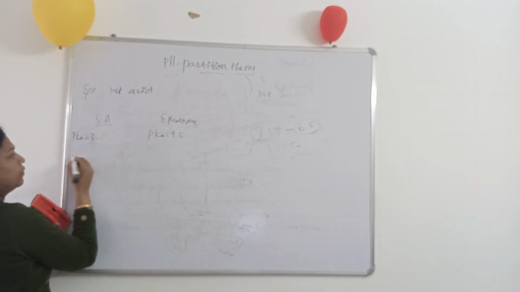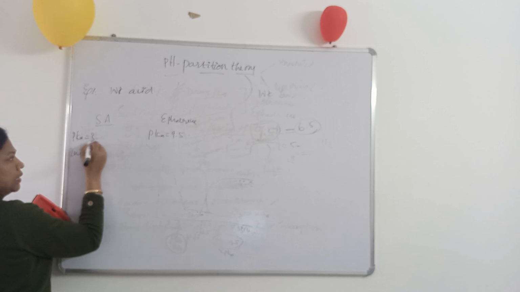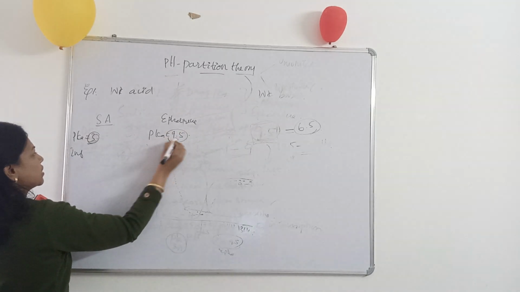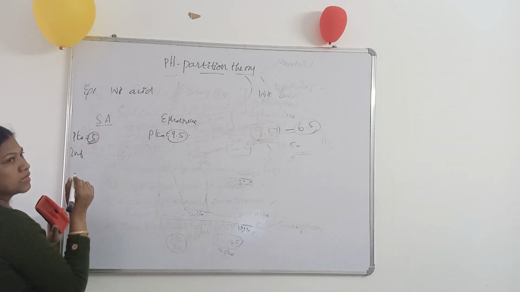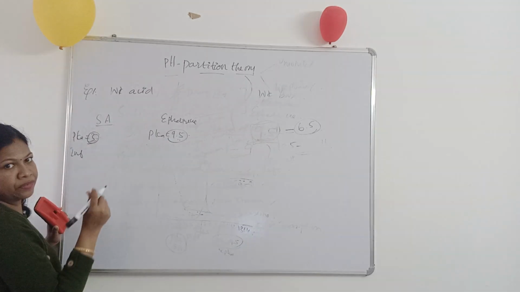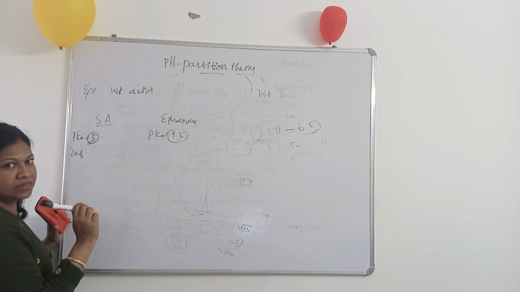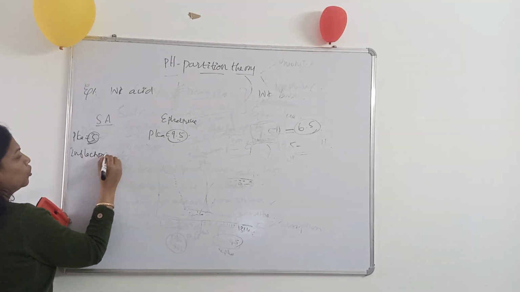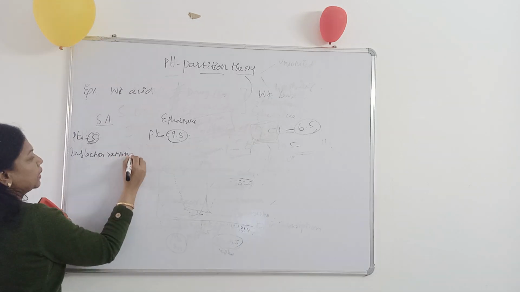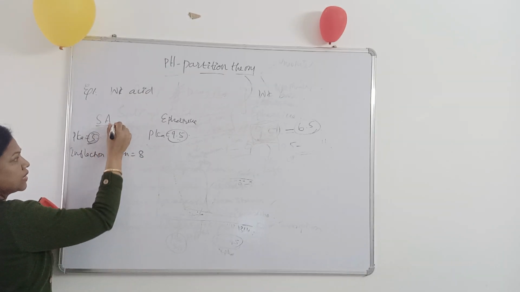So it was expected to inflect at pH 3 and pH 9.5 in case of salicylic acid and ephedrine respectively, whereas the inflection point took place at pH 8 in case of salicylic acid.